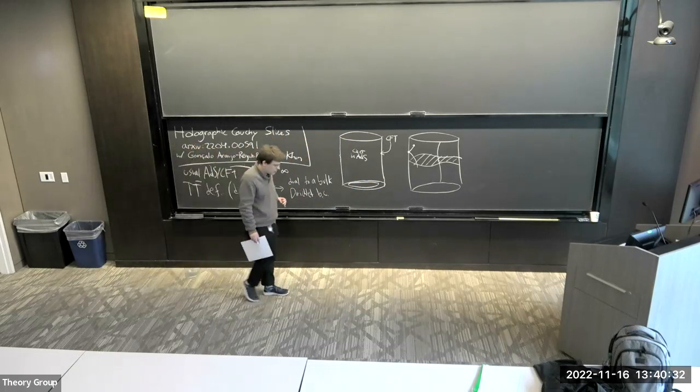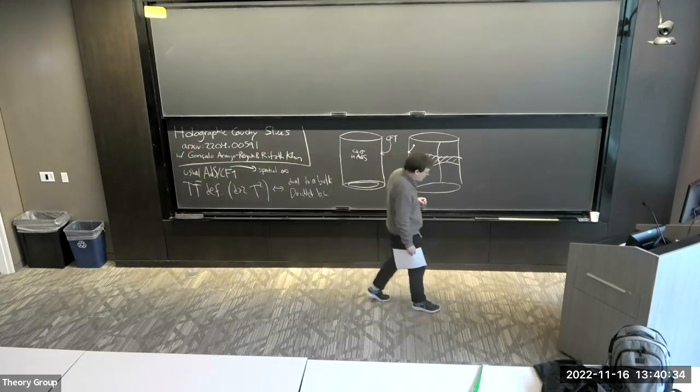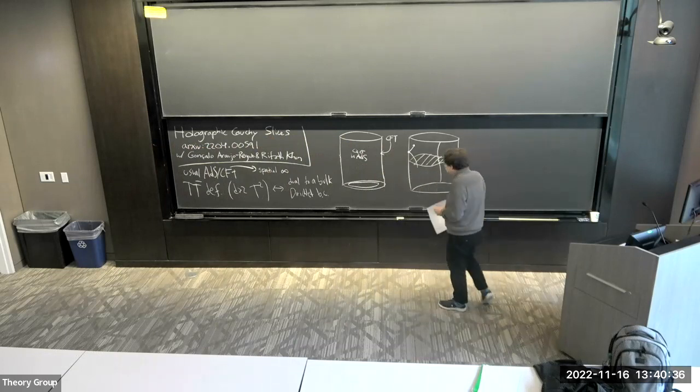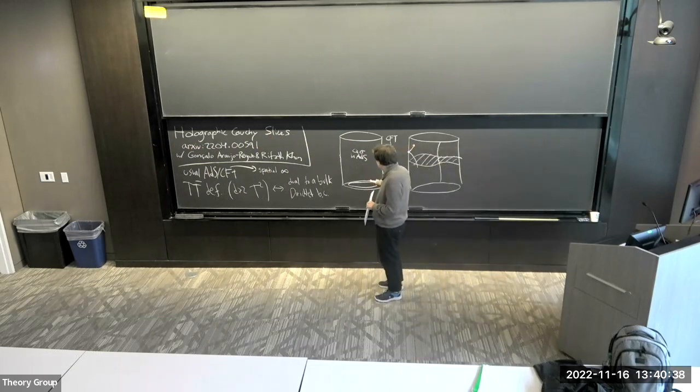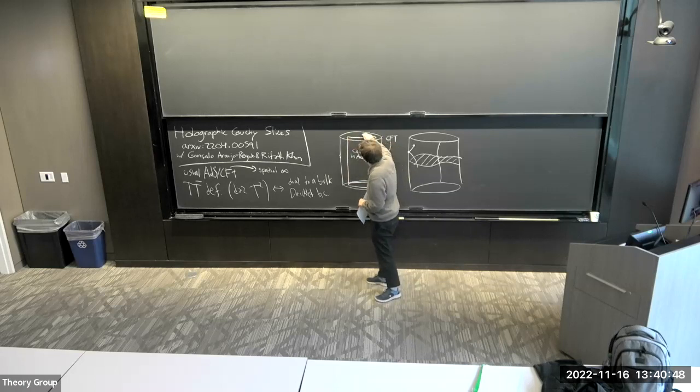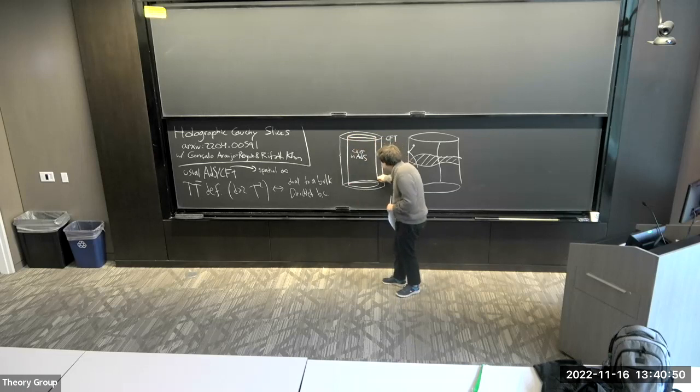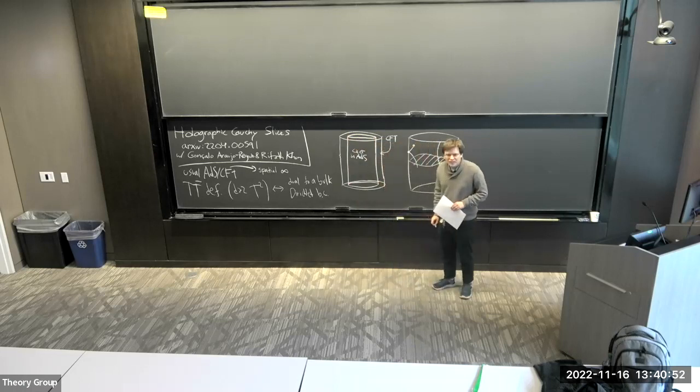It was observed by some people, including Mark Bensay and some collaborators, that if you did this to a holographic theory, the effect of it was basically to move the boundary in to a finite radius like this.